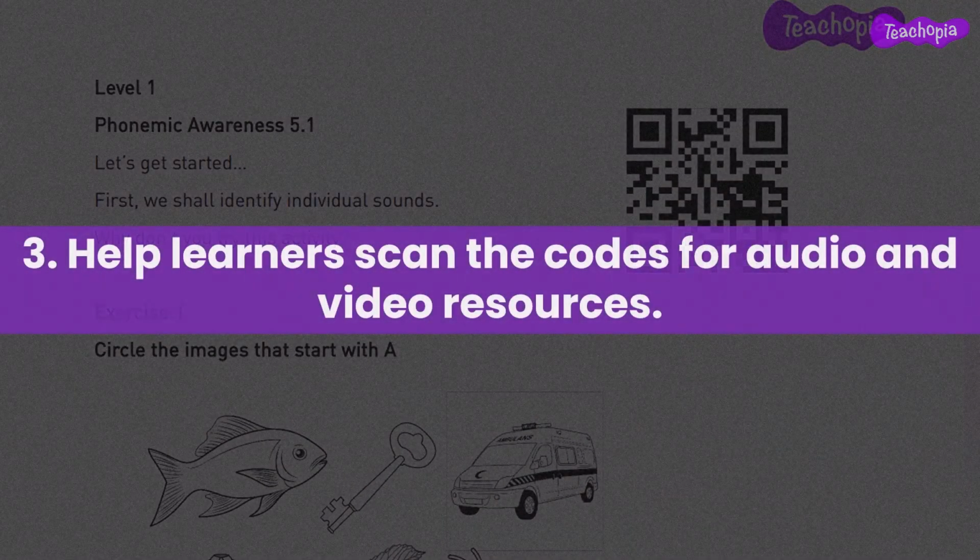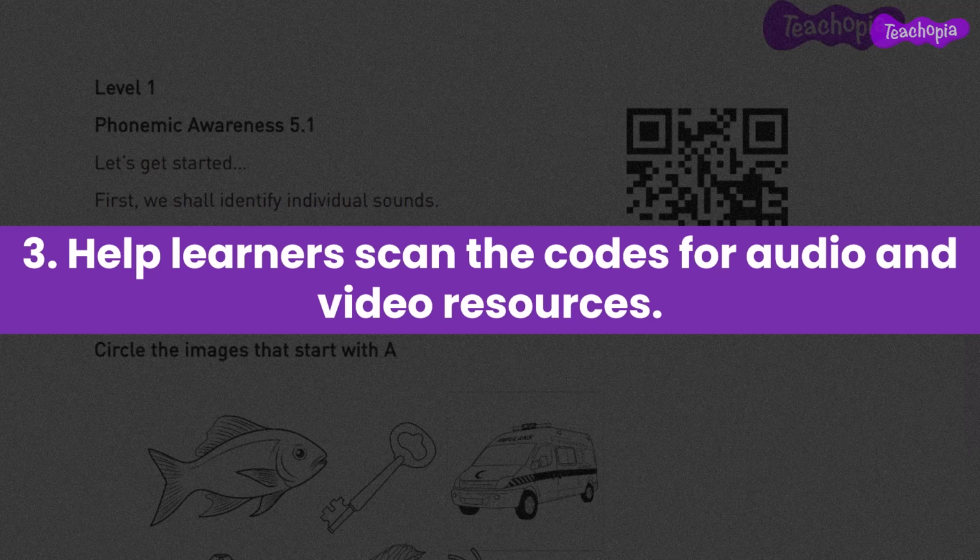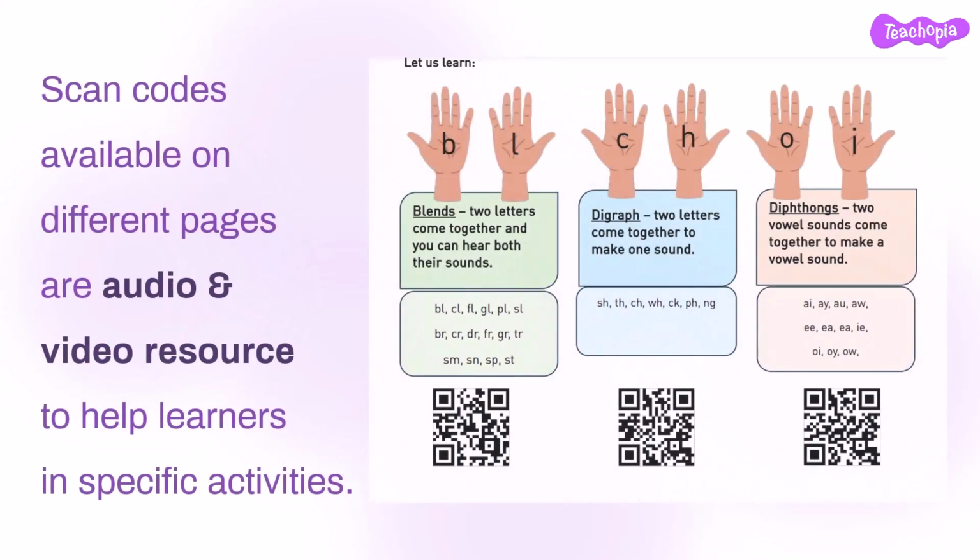3. Help learners scan the codes for audio and video resources. You can help the learners scan the codes that are in the workbook. These codes link to audio and video resources that reinforce the learning concepts.